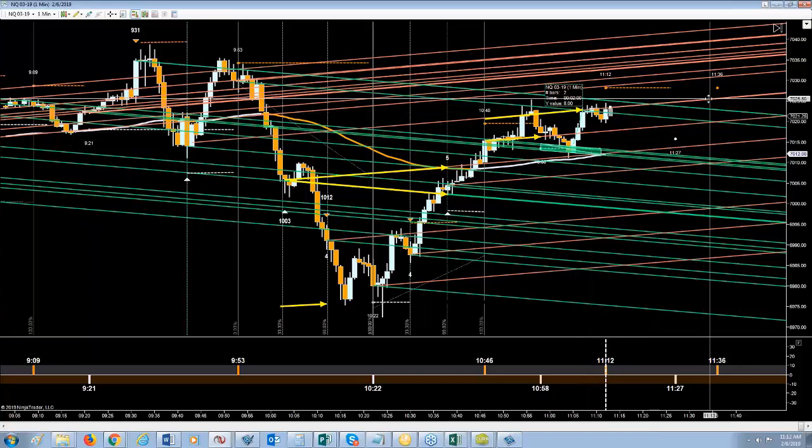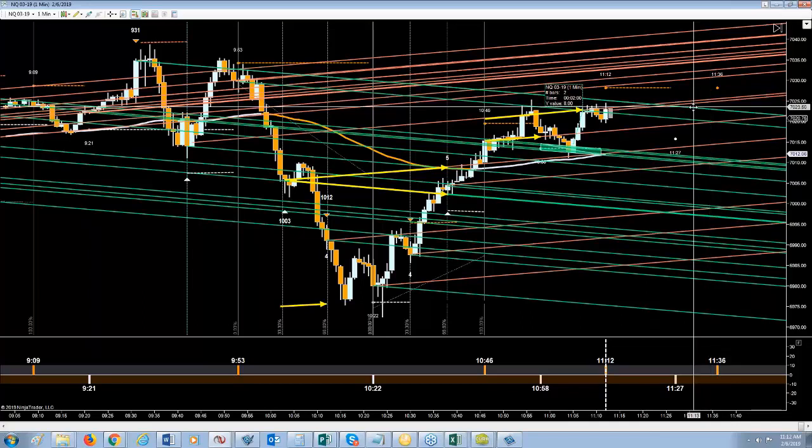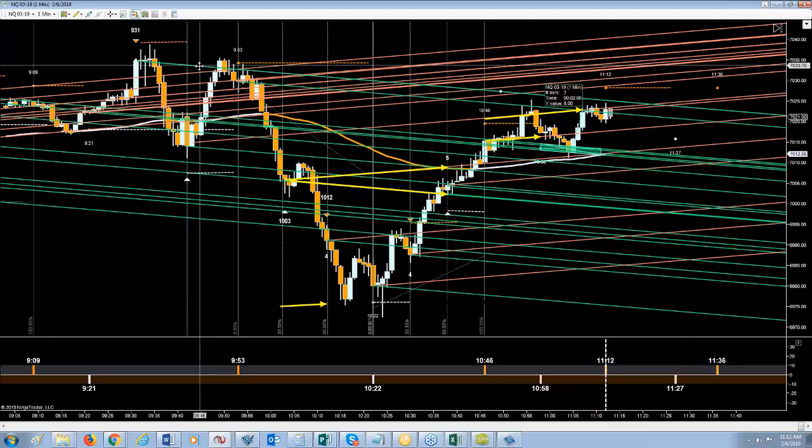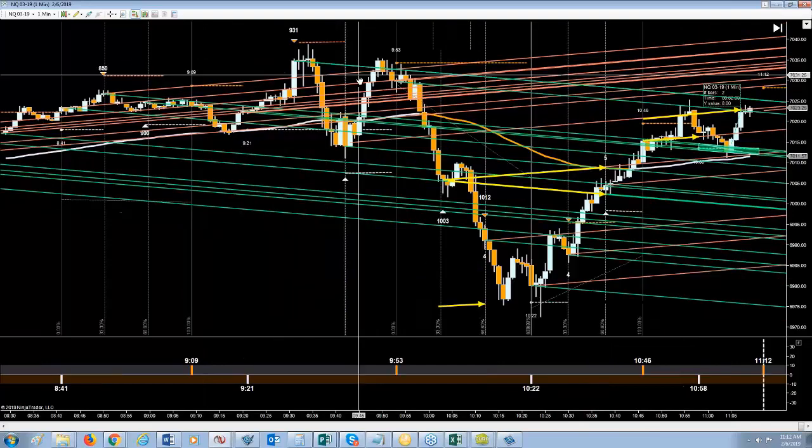1112 signal, 2 resistance lines right here. There's 2 resistance lines coming down from these green lines too.